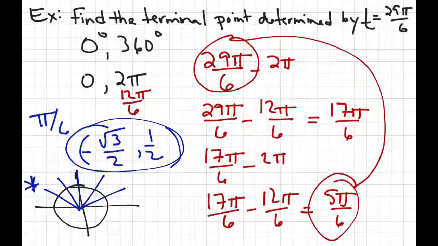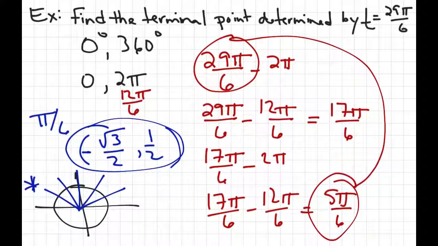How do I approach the problem? First of all, I got myself to an angle measurement that was between 0 and 2 pi. I did that by subtracting 2 pi. I had to do it twice, though. That's okay. I found out that 29 pi over 6 was in the exact same location as 5 pi over 6, because they're coterminal angles, which means that all I have to do is find the answer for 5 pi over 6.